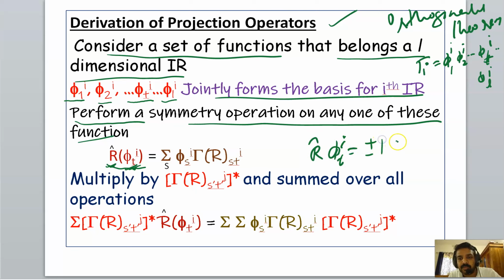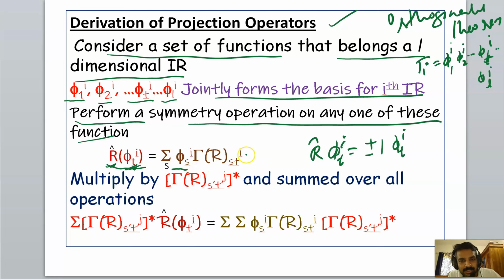But if it is an l-dimensional representation, generally we can write sigma over s of phi_s into gamma_r(s,t)i. Gamma_r(s,t)i is the coefficient, just as plus or minus 1 is the coefficient here. In this general representation, we write the representation second and the function first.